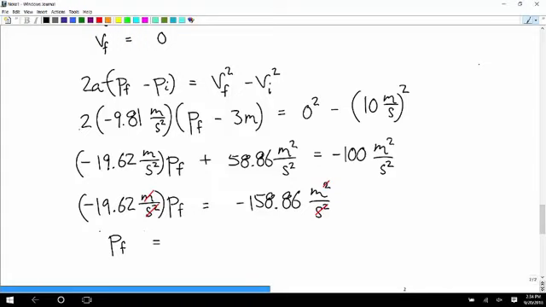What's 158.86 divided by 19.62? 8.08. I'm not going to round. Not this time. Next time I will. I'll round double next time just to make up for it. Okay, so the highest point is 8.08 meters above the ground.